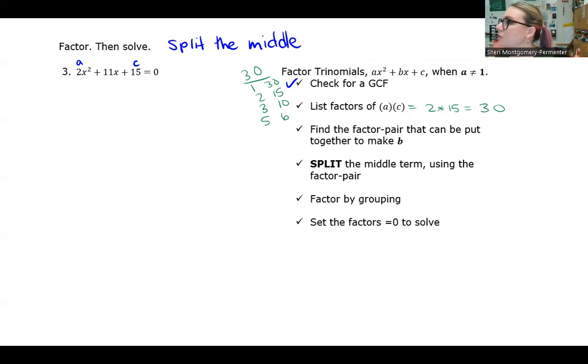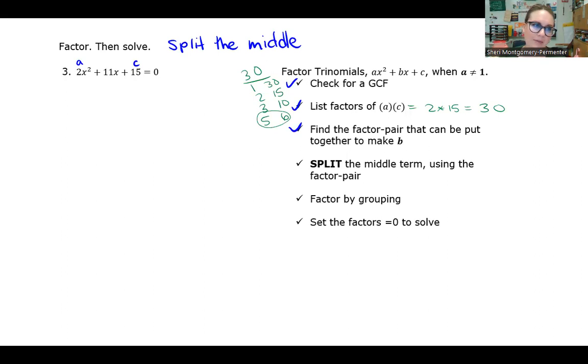So what we're doing now is we're trying to find the factor pair that can combine to make 11. Which factor pair can combine to make 11? 5 and 6. So we just listed all the factors. We found the factor pair that will make B.